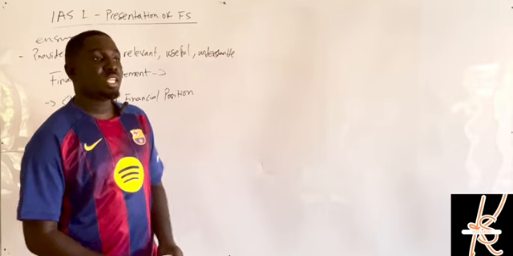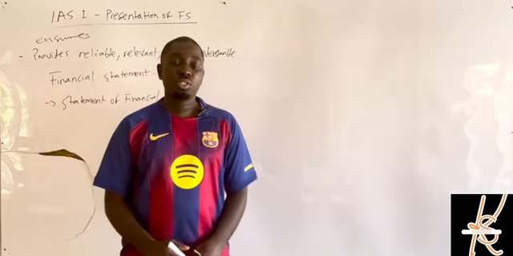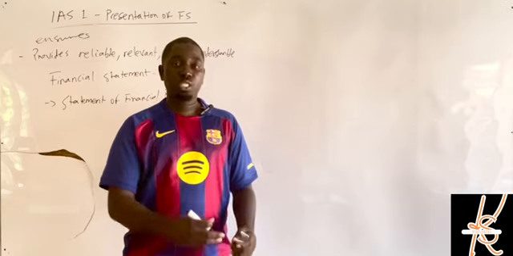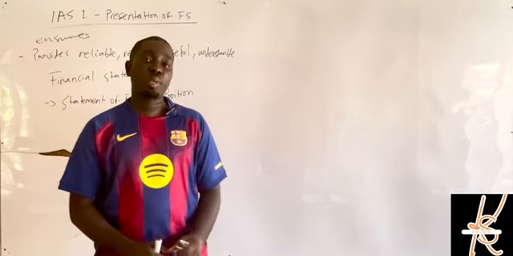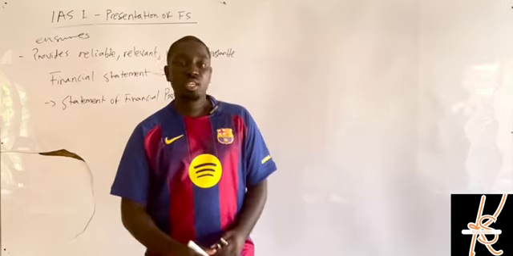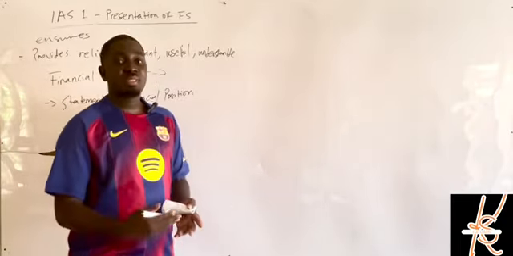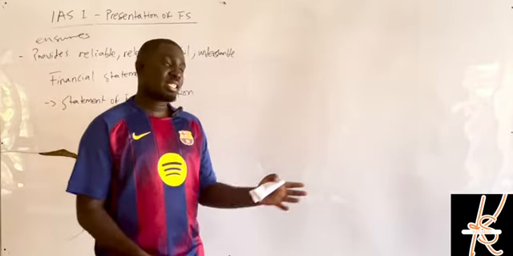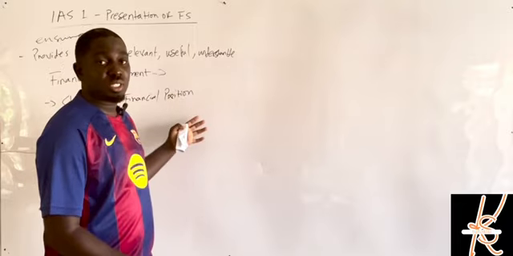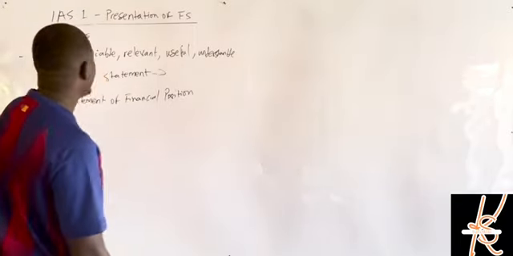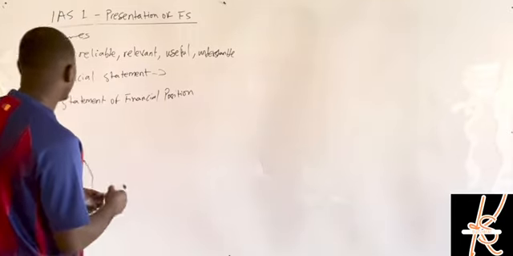It gives the users of financial information the financial position, whether the company is performing well or not. Do you get it? Yes. In the balance sheet, we have items or elements that make up the statement of financial position. We'll come to that. So the first component of the financial statement is the statement of financial position.